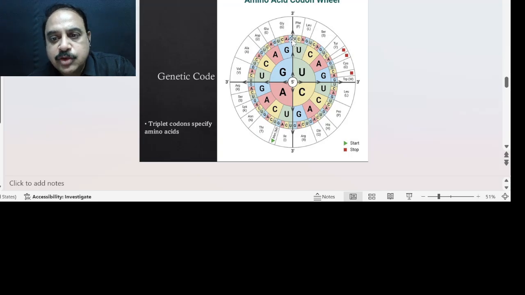Codon means three, so three bases can bind together with one amino acid. This is one amino acid codon wheel. It's like a wheel where we start from this particular end, spin it around, and it stops at one particular point, and that point binds with the corresponding amino acid, making it a codon.